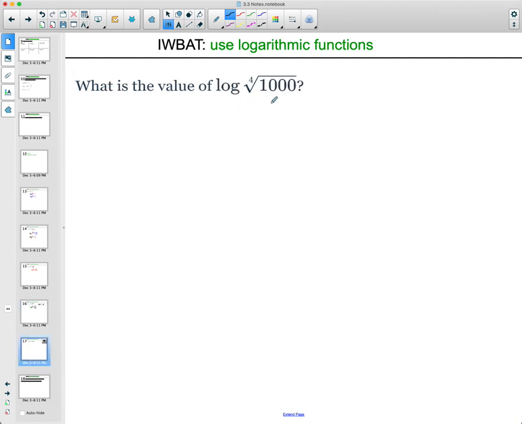And then this one, what's the value of log of the 4th root of 1,000? So remembering that a common logarithm that doesn't have a base listed is just automatically a base 10. So now you'd want to make sure that you rewrite this number underneath the radical as a base 10 power. So we've got log base 10, and then 1,000 is 10 to the third.